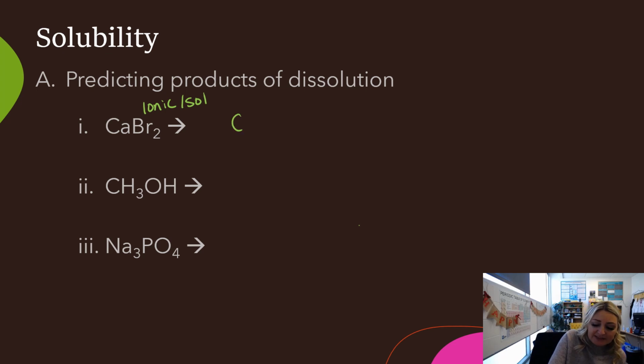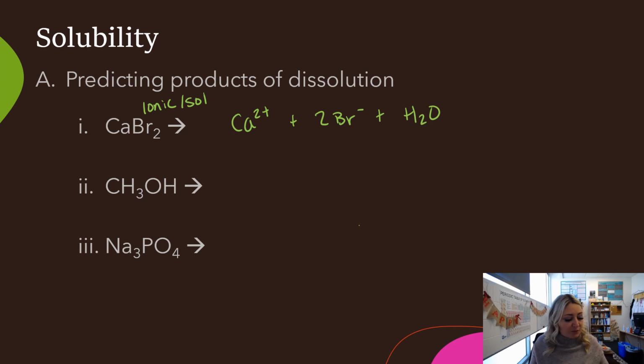So we would expect calcium as our cation, and calcium has a +2 charge. And we would also expect to have 2 bromide ions, each with a -1 charge. And this is dissociating in water. So we want to include water in there as well. Water is not going to separate, but it's an aqueous solution. You would need water present.